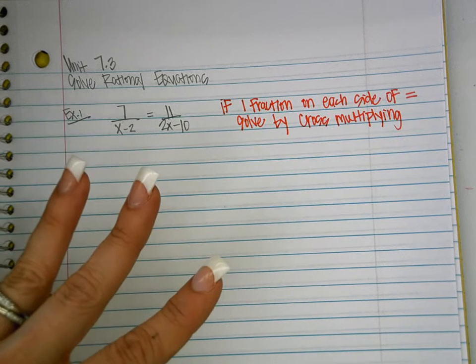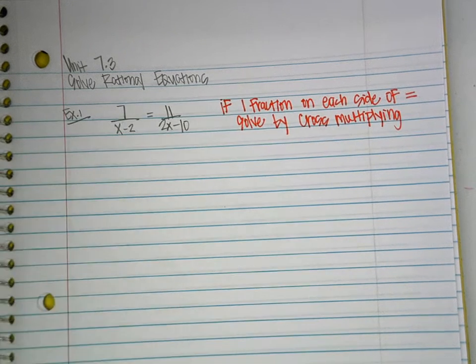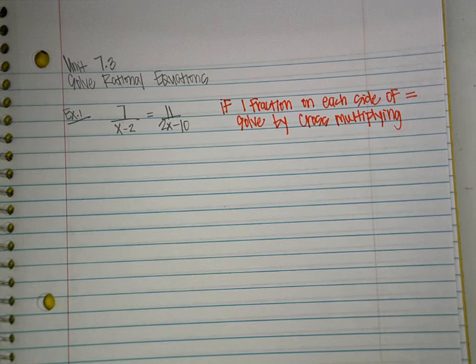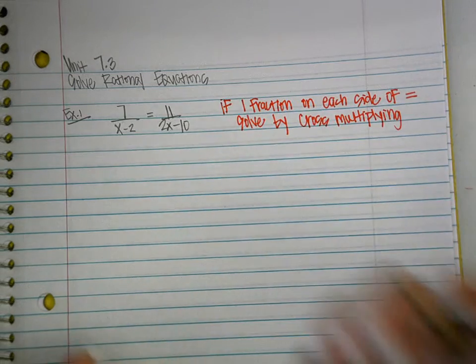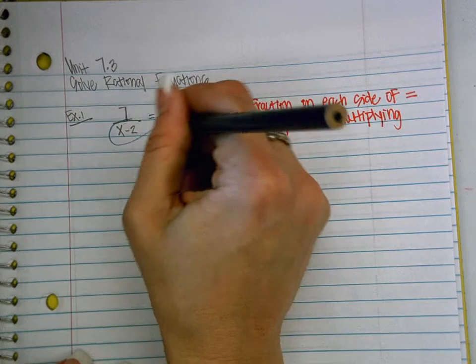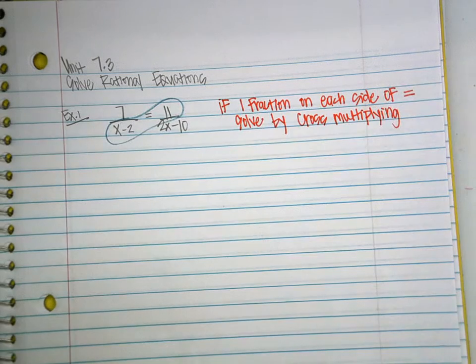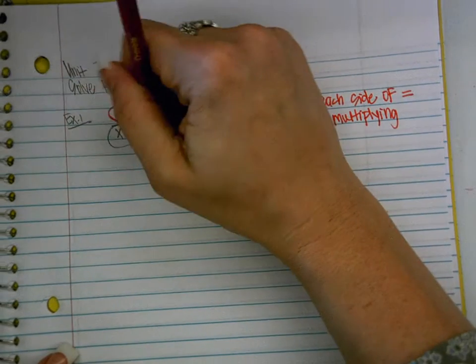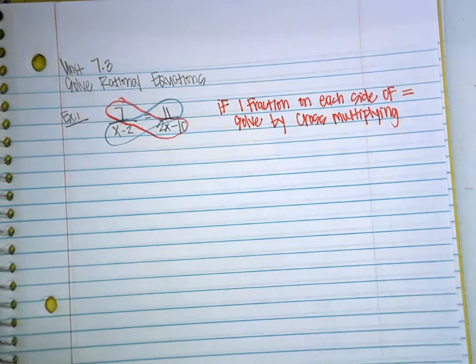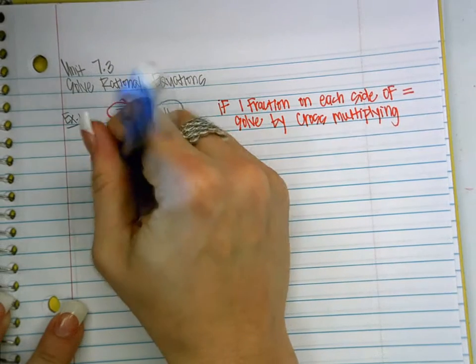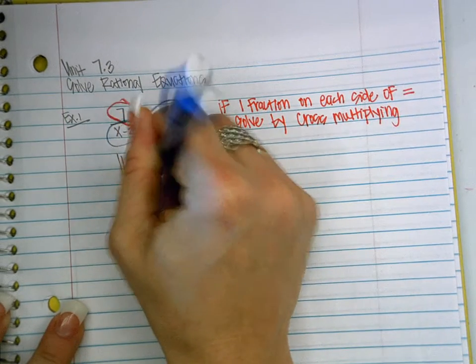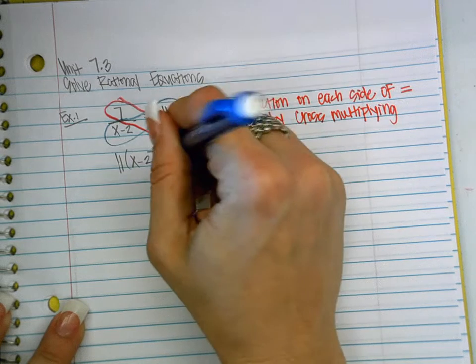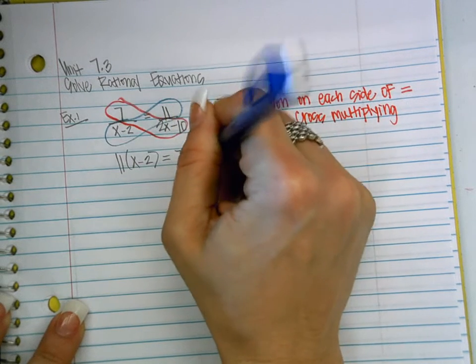Hopefully you all remember a little bit how to cross multiply. Literally we're just going to multiply; some of you might have called this x multiplying. We multiply these together and these together. So 11 times x minus 2 equals 7 times 2x minus 10.